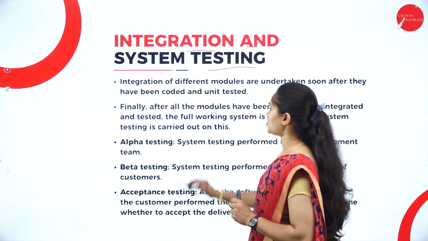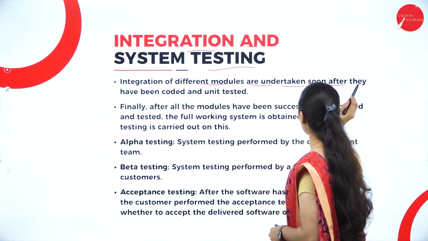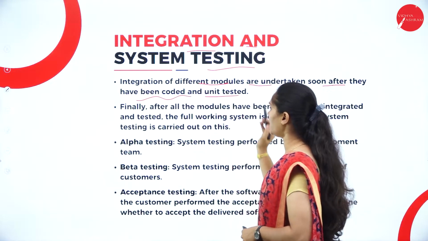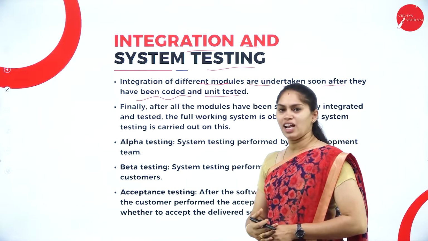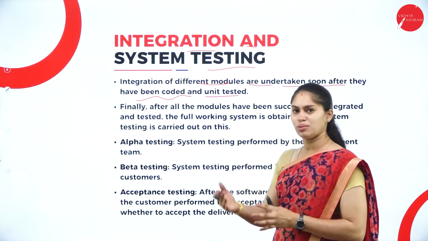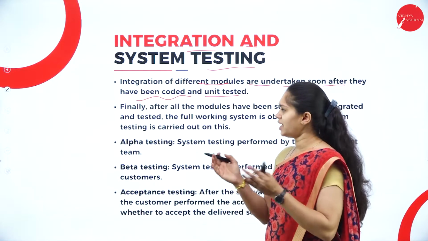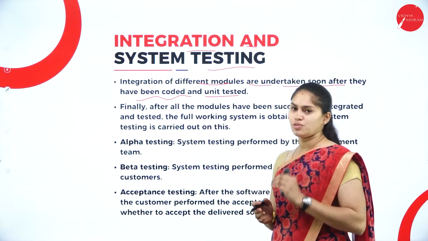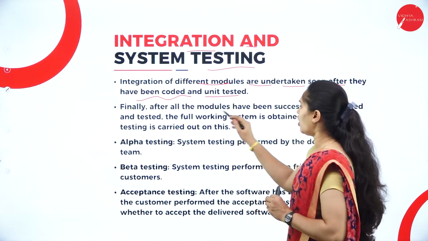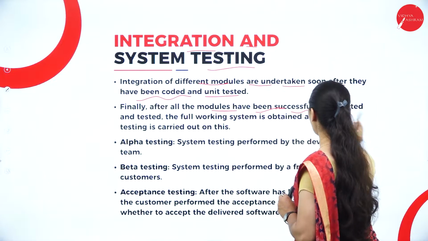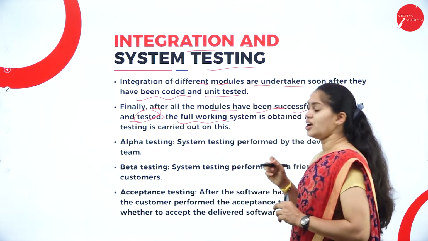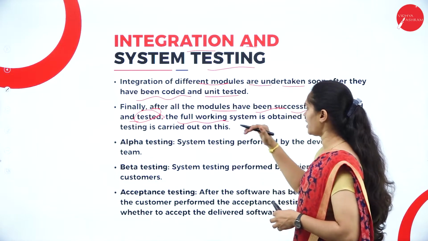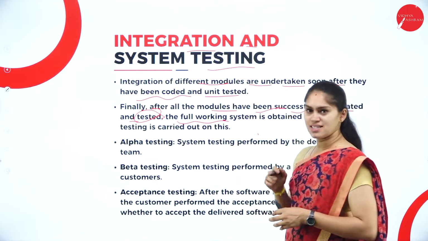In integration, the different modules are integrated soon after they have been coded and unit tested. If all the modules have been coded and each module tested independently, then integration of those modules is important, so that all the modules are successfully integrated as well as tested. There we check the full working system, that is system testing.